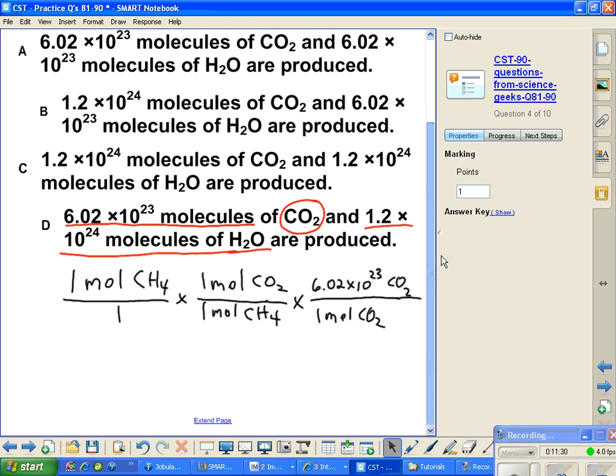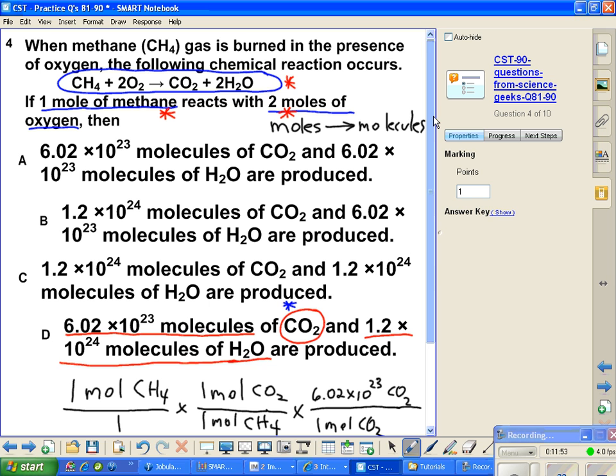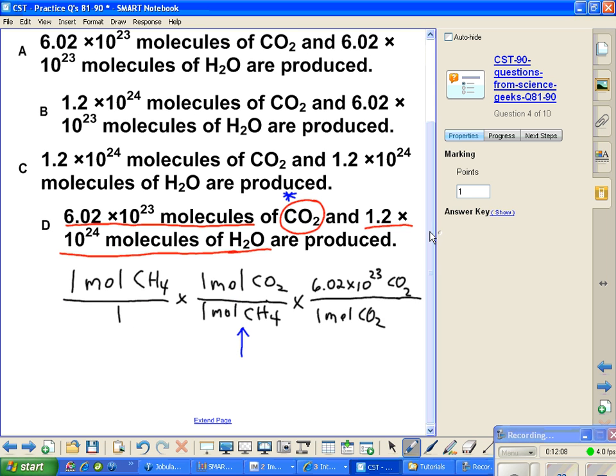Okay, and what I've done down here is I've underlined the molecules of CO2, which I have to calculate first and see if those come out right. How are we going to do that? We have to use the mole ratio, which happens in this fraction right here. Going back up to the equation, you can see the mole ratio of CO2 and methane is 1 to 1, because there are no coefficients there. So down here in this fraction, I am going to use a 1 to 1 ratio.